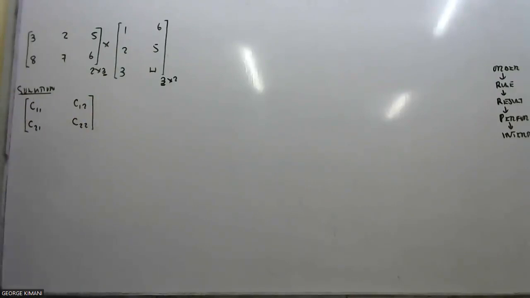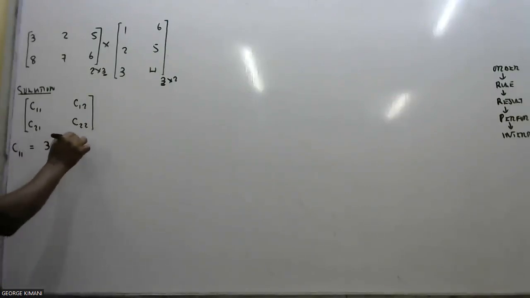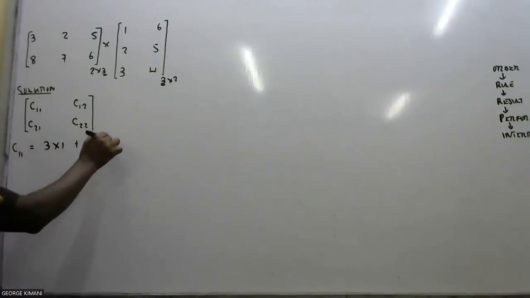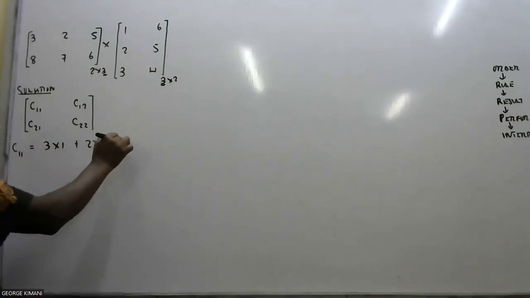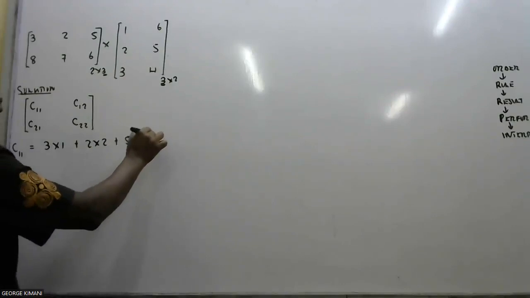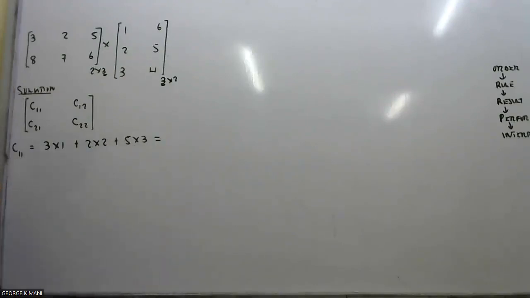You have that in mind. Then C11. You take now the first row multiplied by the first column. So this will be 3 times 1 plus 2 times 2 plus 5 times 3. Give me that answer.